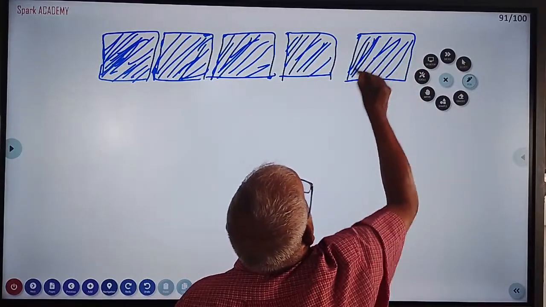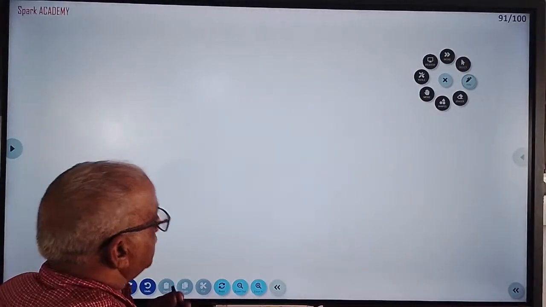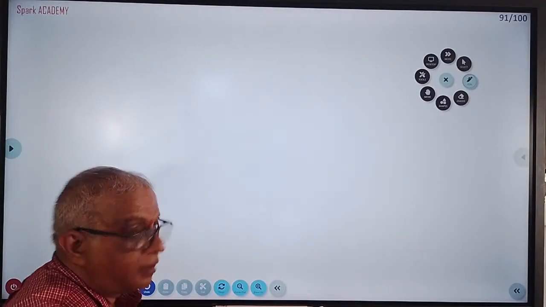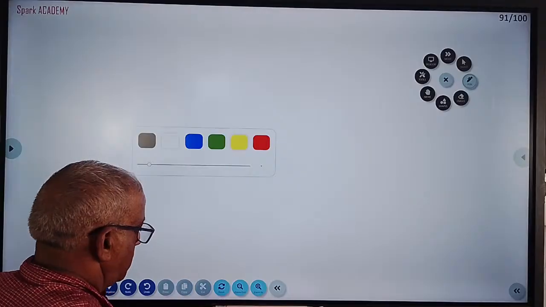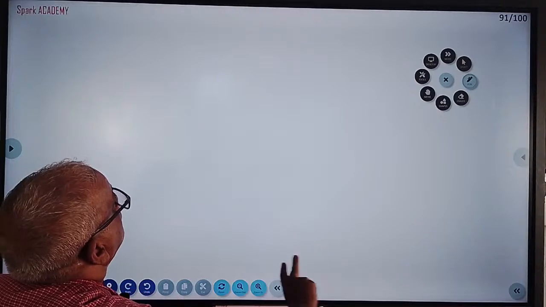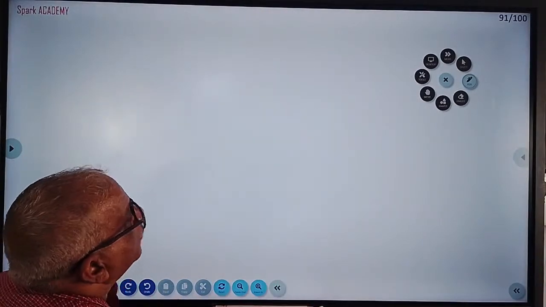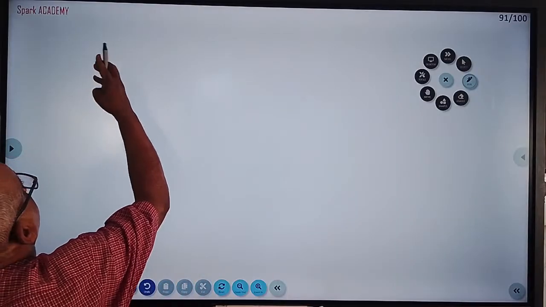This I am pasting on the wall. Again I am drawing the diagram.